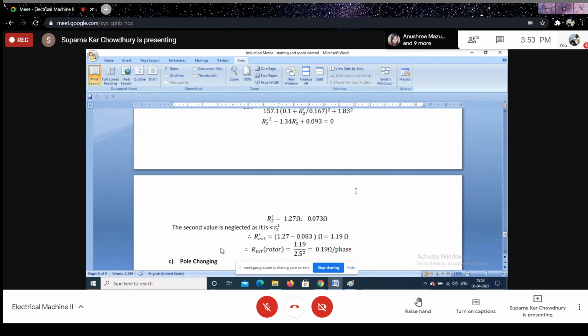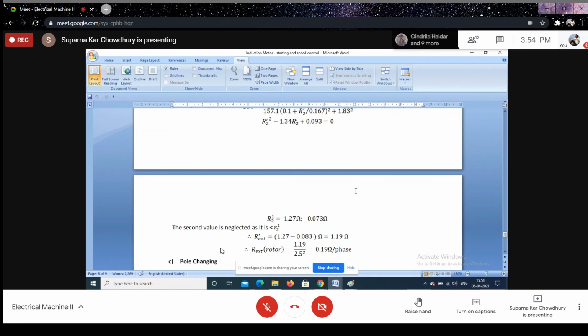So we discuss the winding connections during the construction, then we can discuss the pole change. So this is the basic of the study, and actually induction motor speed control is a very vast subject.